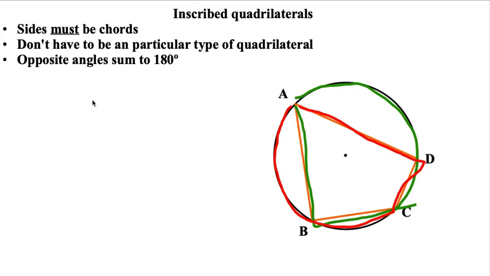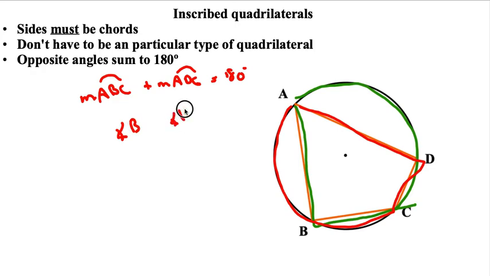So that would mean that the measure of arc ABC plus the measure of arc ADC would have to equal 360 degrees. And then we know that angle B and angle D, well, what do we know?